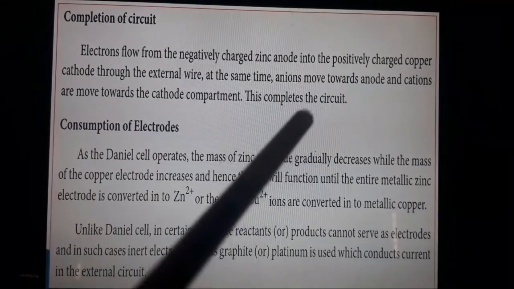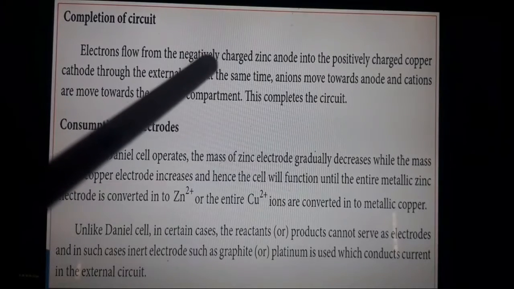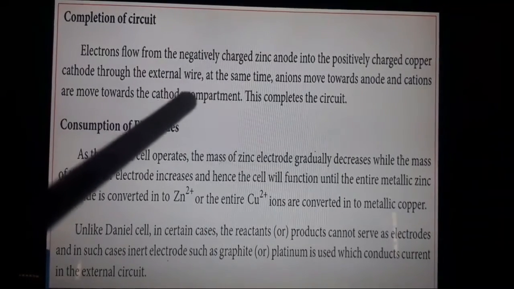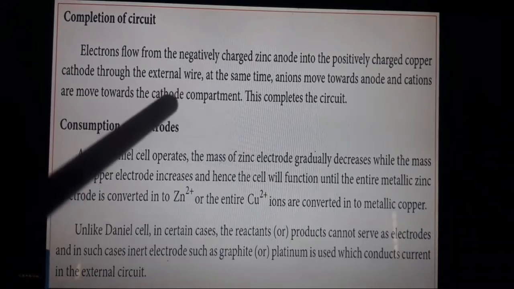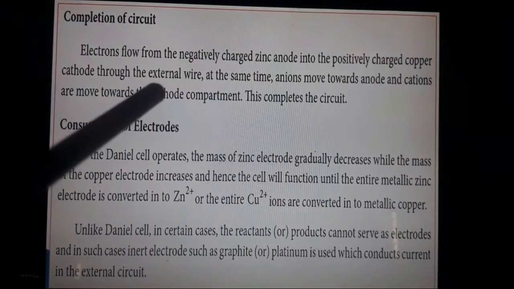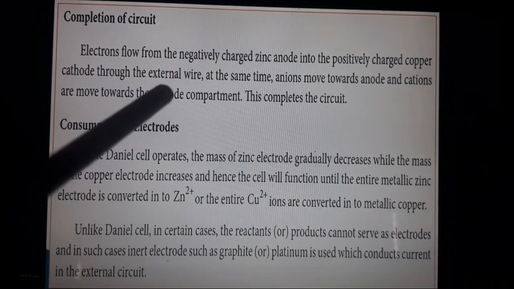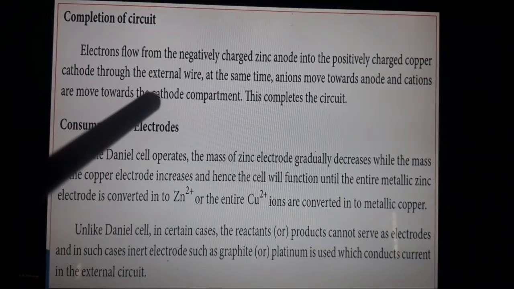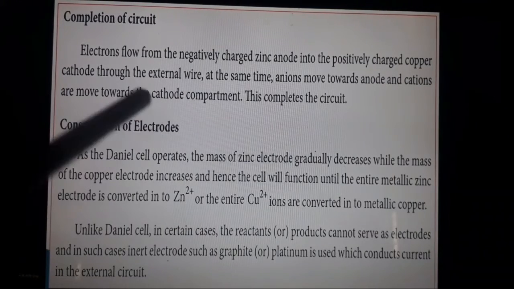This completes the circuit. These are the principles: positive ions to the negative electrode, negative ions to the positive electrode, moving from one beaker to another through the salt bridge.